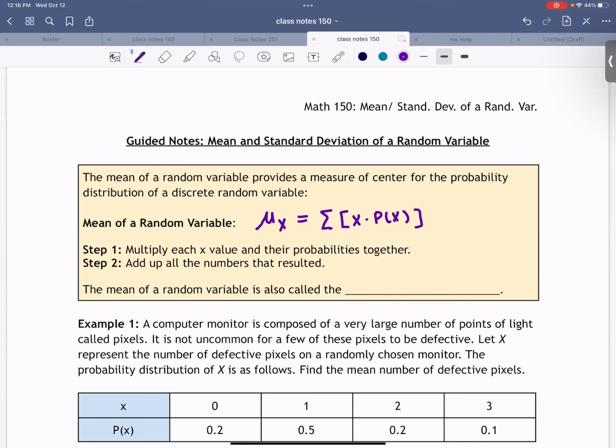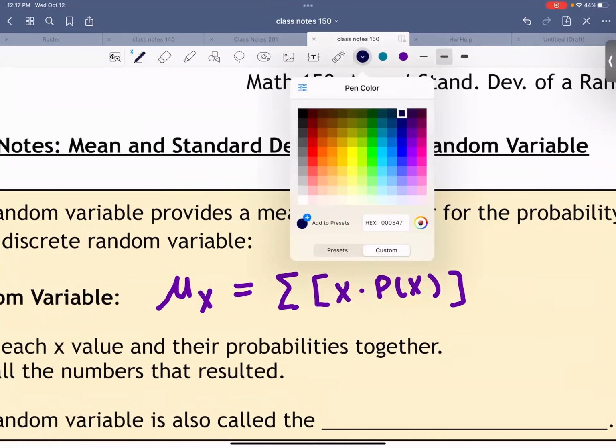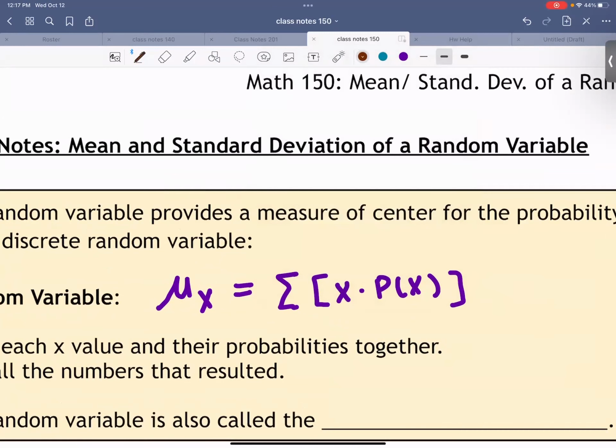I know we have a lot of crazy symbols in here. Let's break this down and see what this is telling us. So I'm going to zoom in here and use a different color. Looking at this formula, we have this weird symbol, which is actually an uppercase sigma. Does anyone know what this symbol means in math, Ariel?